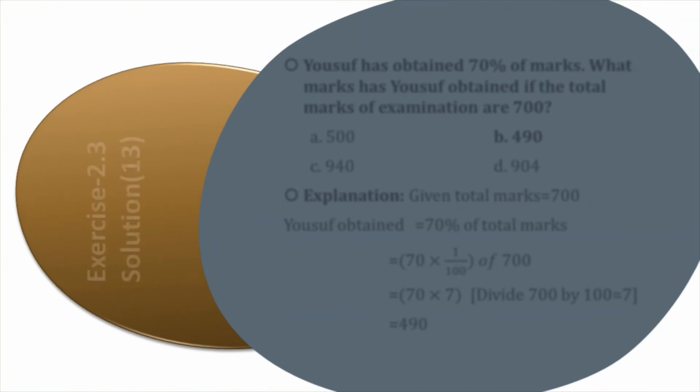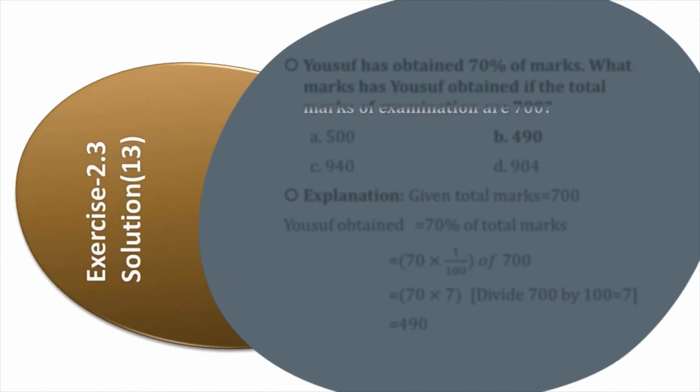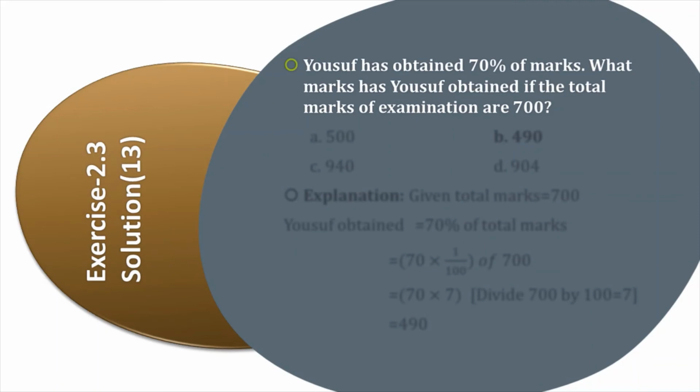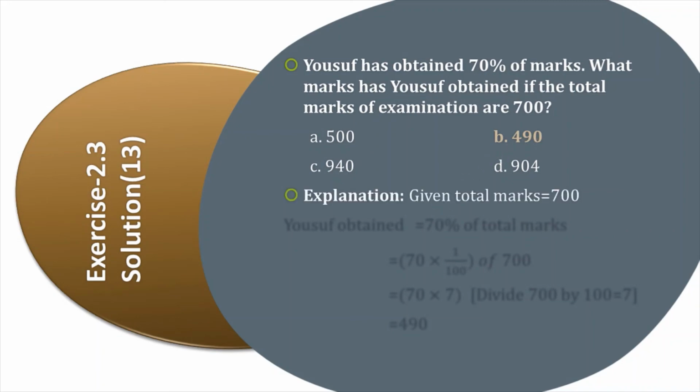Solution number 13. Yusuf has obtained 70% of marks. What marks has Yusuf obtained if the total marks of the examination are 700? The options are 500, 490, 940, 904. As you can see the marked part, 490 is our desired answer. So let us see the explanation of how we get this answer. Given total marks equals 700, Yusuf obtained 70% of total marks.